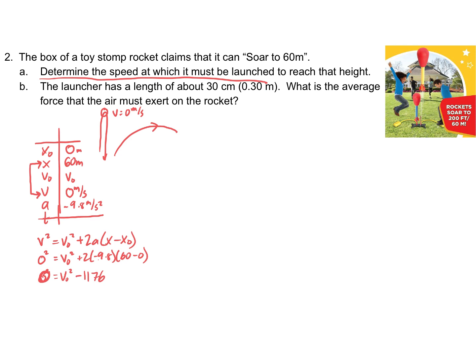And once I have the 1176 on that side, I'm going to have the V naught squared. I'm going to square root both sides. And the square root is 34.3 meters per second, which is the initial velocity that is required in order to get it all the way up to 60 meters if I shoot it straight up in the air.